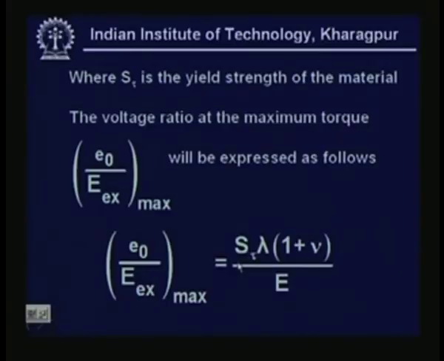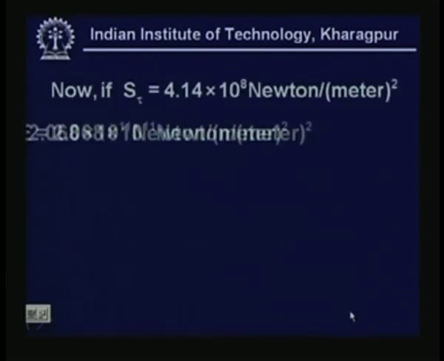So, we will show you one example, for 10 volt power supply, how much will be the value of the maximum E naught, right. Here also you can see that if I decrease E or decrease S tau, obviously the maximum voltage also will decrease.